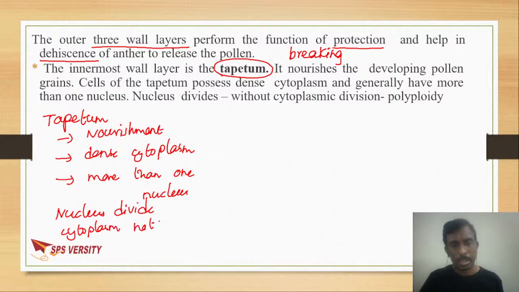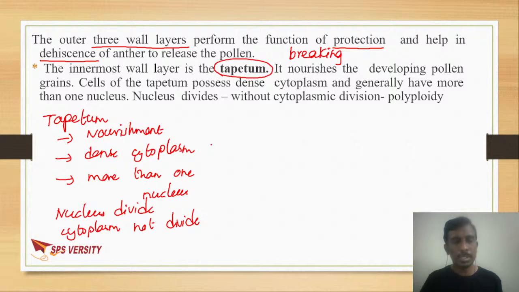As the cytoplasm doesn't divide, there are more than one nucleus in the cells of tapetum.